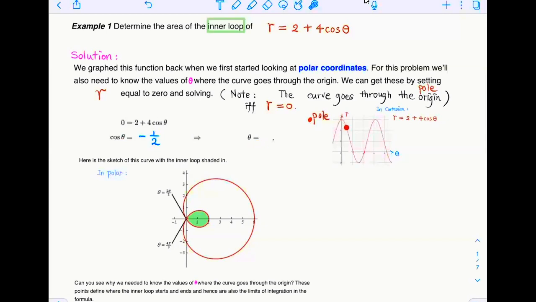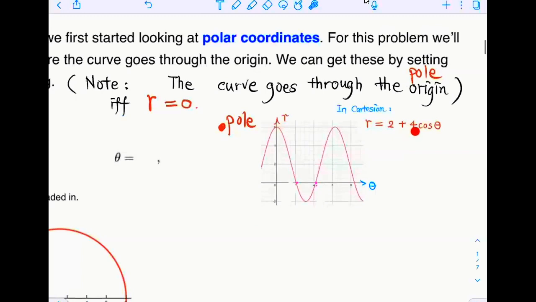You see over here, I actually graphed this in Cartesian coordinates, r equal to 2 plus 4 cosine theta. This is theta, this is for r. And you see that it intersects here and here when theta goes from 0 to 2 pi. 2 pi is about 6.28.